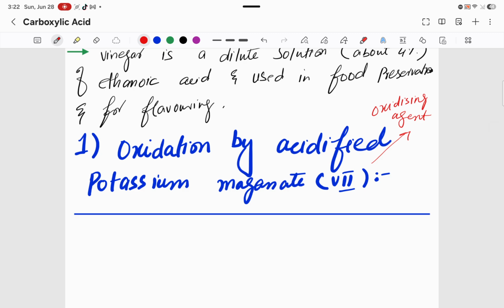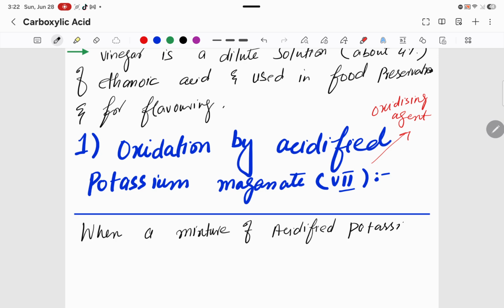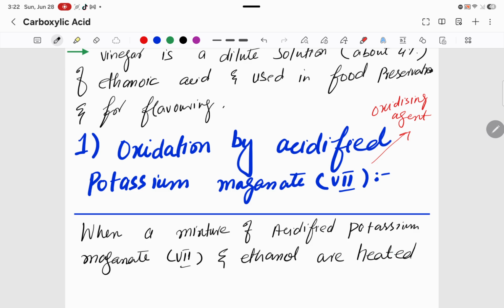So what happens? When a mixture of acidified potassium manganate 7 and ethanol are heated, it changes into ethanoic acid.